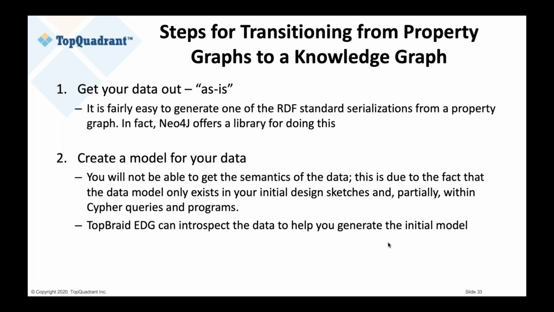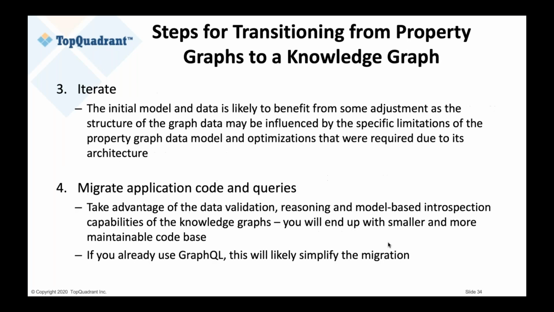Once you get your data out, the standard serializations can be imported. You can use TopBraid Edge to help you generate a model from the data. Most likely you will need to iterate somewhat on this model, because the model will be influenced by property graphs and what performs well there and what doesn't.